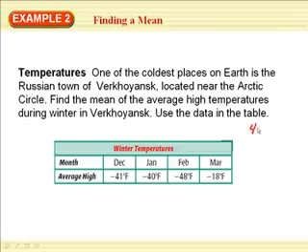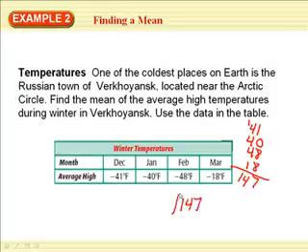So we have 41 plus 40 plus 48 plus 18, that's 147, and it's negative 147. We're going to divide that by 4 because we added 4 numbers. So our answer is going to be negative. It goes in there 3 times, which is 12.